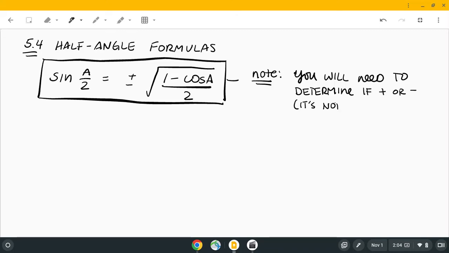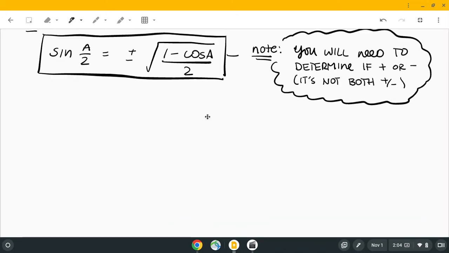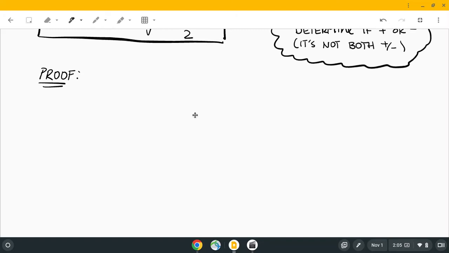It's not both. Keep that in mind. A lot of students think that it is both when they put down their answers. All right, so let's take a look at the proof of this one, and the one for cosine of a half angle.